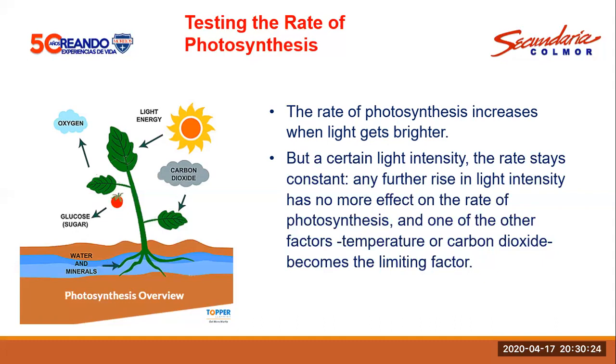Any further rise in light intensity has no more effect on the rate of photosynthesis, right? And so you're going to look at one of the other factors, either the temperature or the carbon dioxide, as a limiting factor. Okay, so you don't study the intensity of light anymore, right? Because it's too intense, too bright, or maybe too dim.